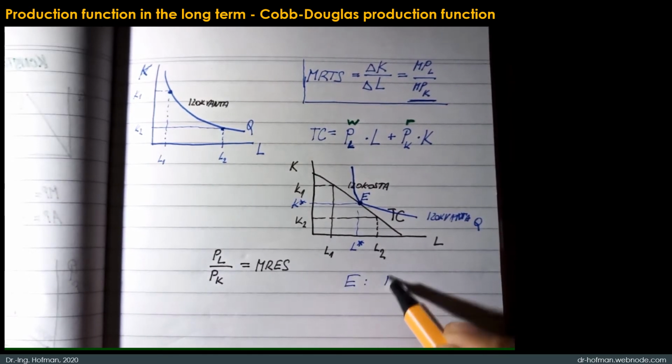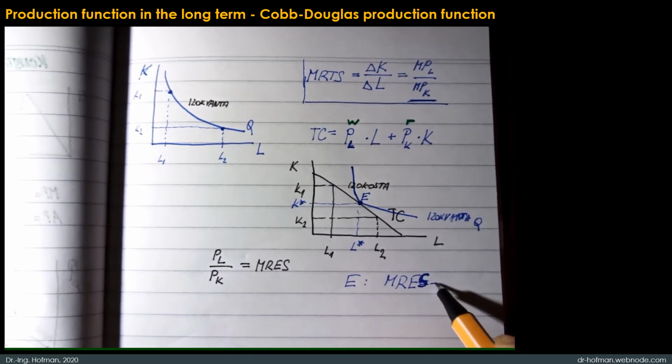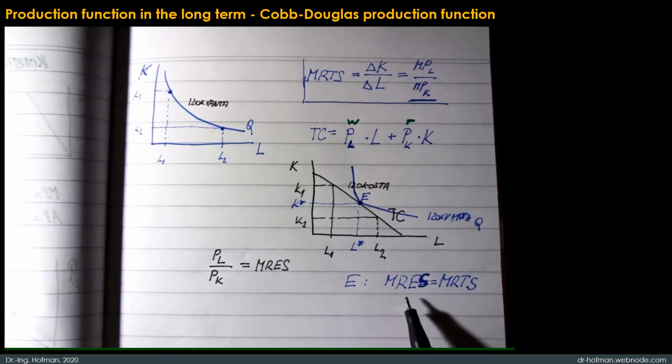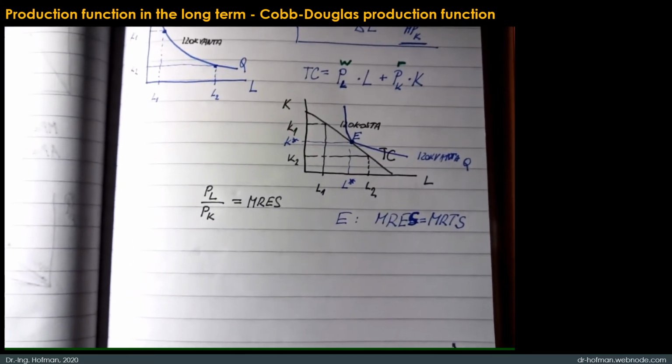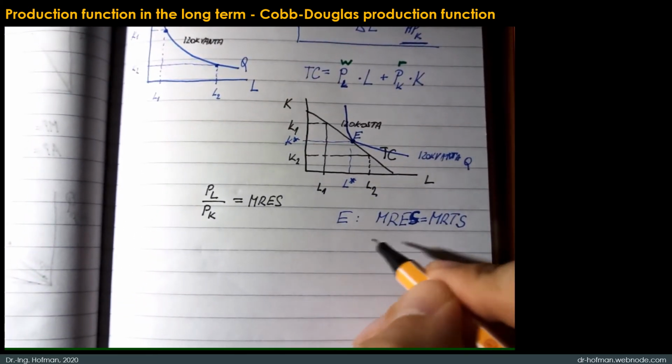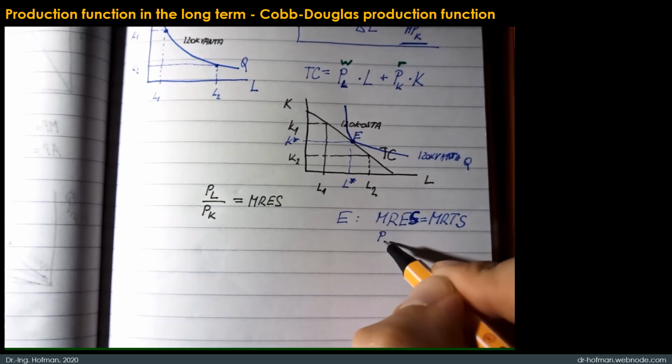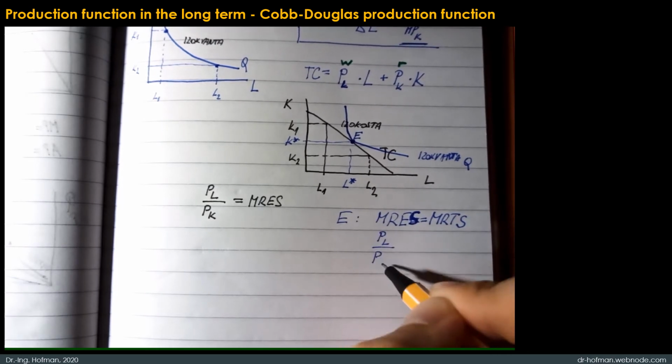And in this point, isocost and isoquant have the same slope. So in E, MRES, marginal rate of economic substitution, equals MRTS, marginal rate of technical substitution. We can write it also like that.